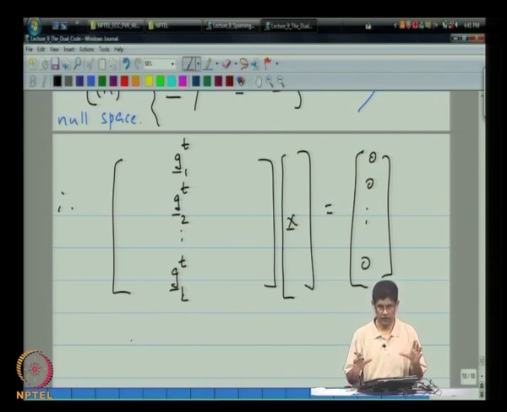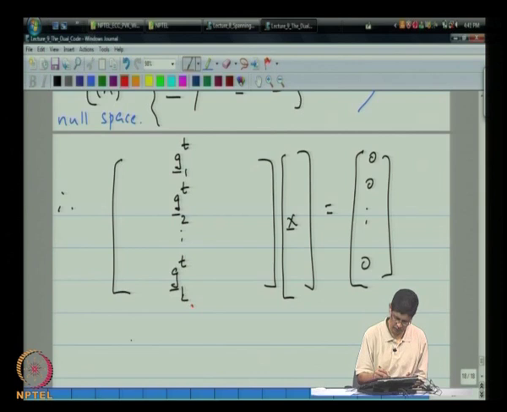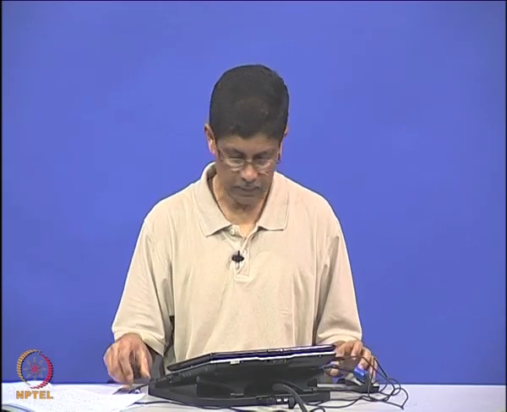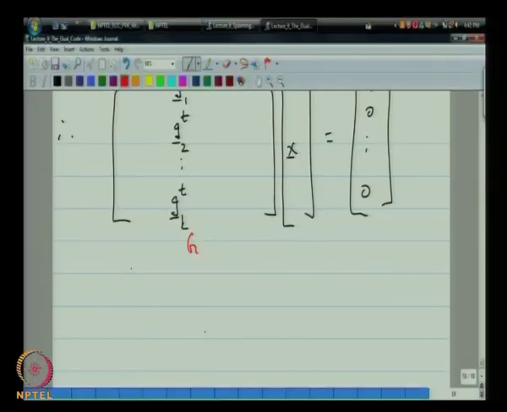Now, if you think about the rows of the generator matrix, so let me write down G just to remind you that this is our generator matrix. The rows of the generator matrix are a basis for the set of all code words. So, if anything is in the dual code, it must have inner product 0 with every one of the elements of the basis. So, in other words, anything in the dual code must lie in the null space. Okay. So, that much is clear clearly by definition of the dual code. So, let us make a note of that.